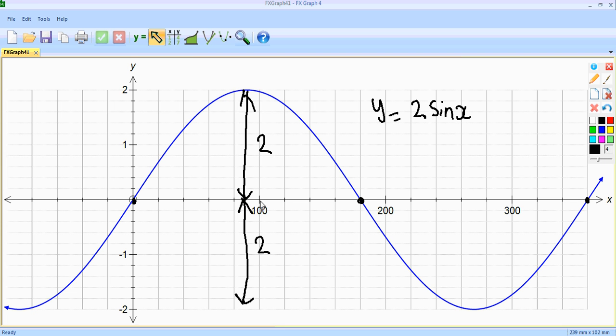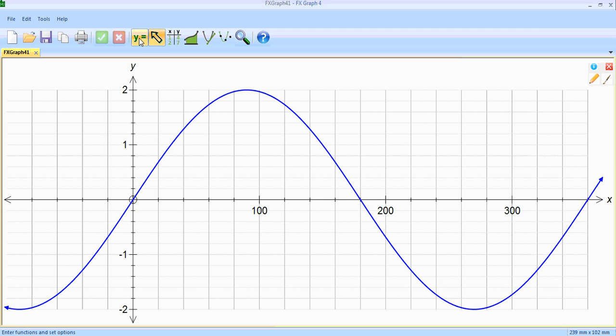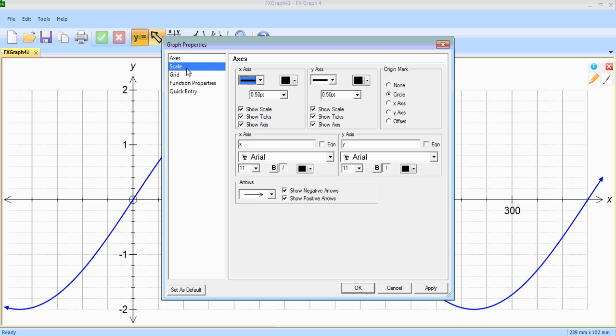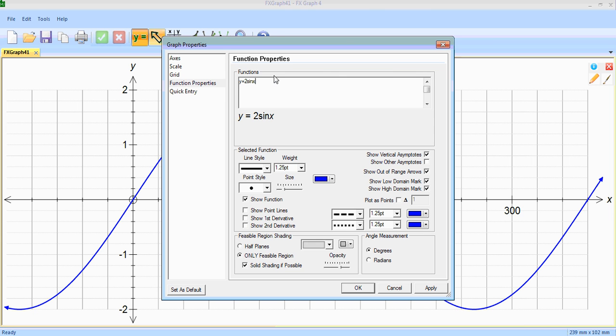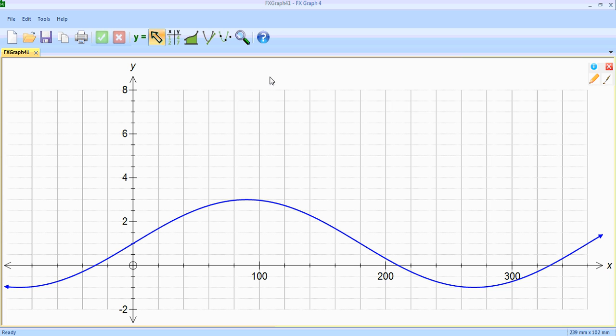What if I have a number on the end? Let's put a number on the end. We'll change our scale, and we'll put something like +1.